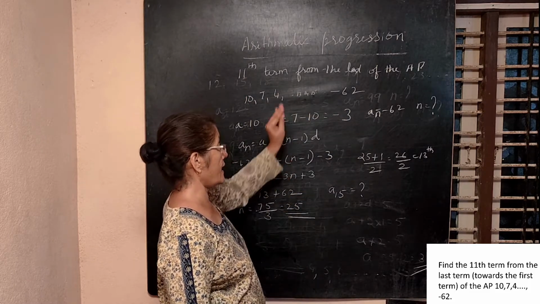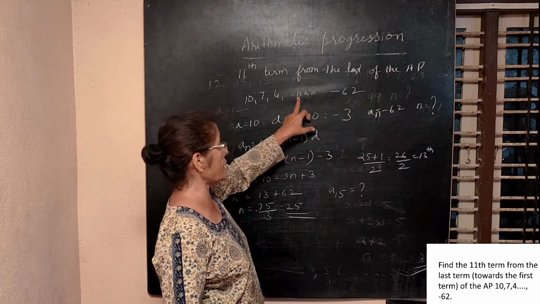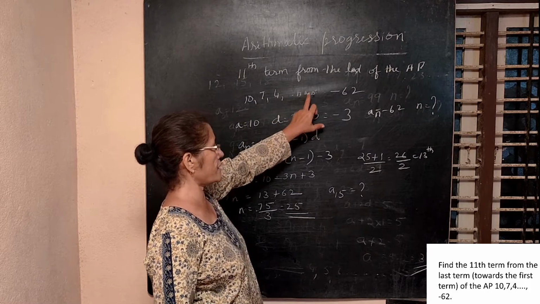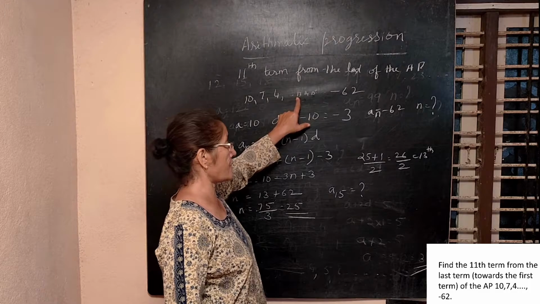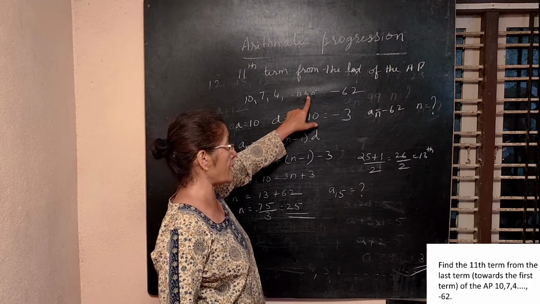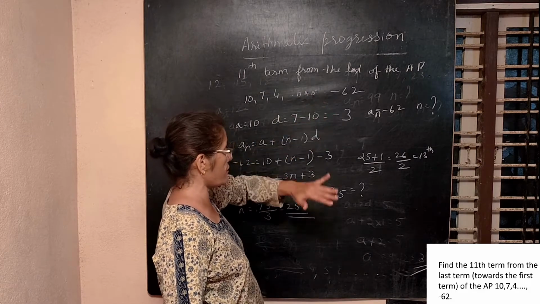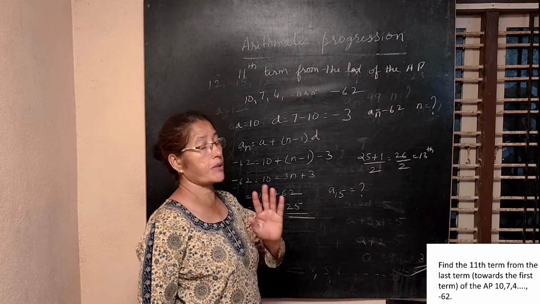Try to understand. 13th term is the middle number. Here also 13th term, here also 13th term. When I go like this is the 14th term, this is the 15th term. When I come like this is the 13th term, this is the 12th term, this is the 11th term. So, I find out the 15th term from the first, and that will be the 11th term from the last.